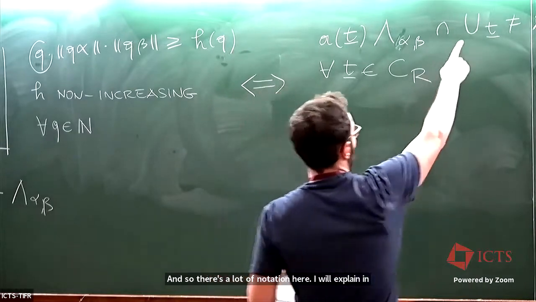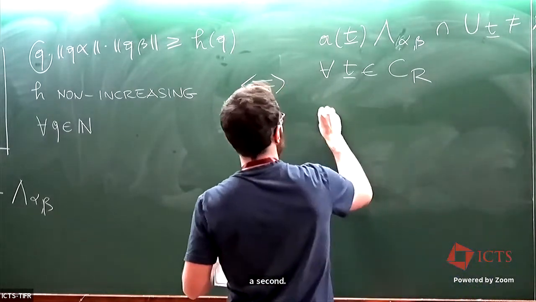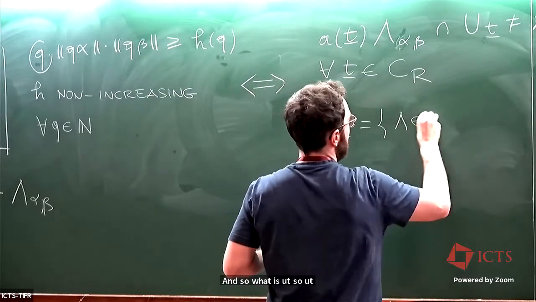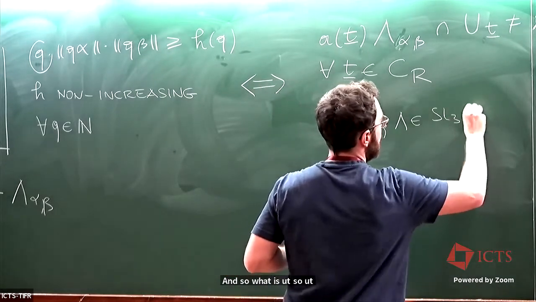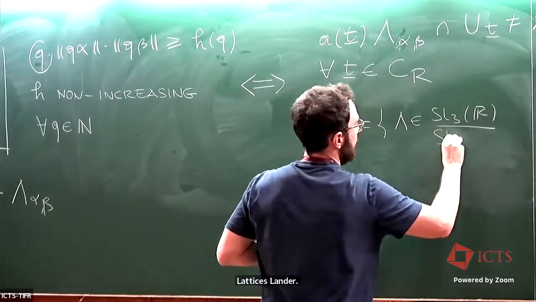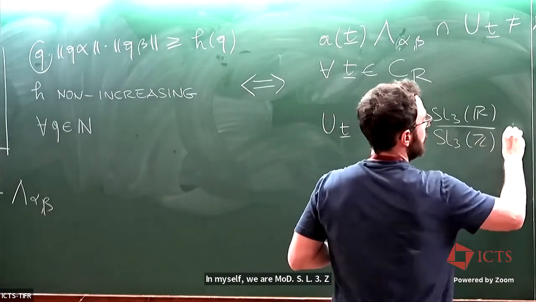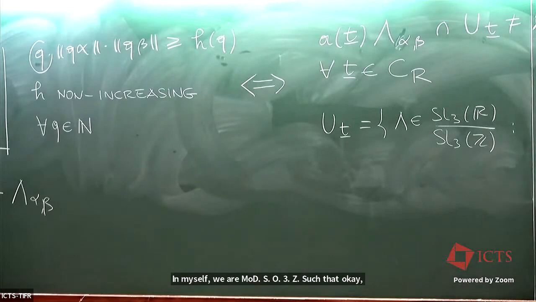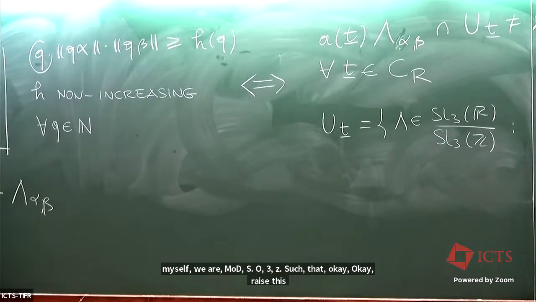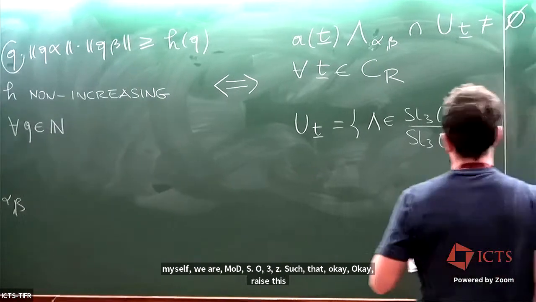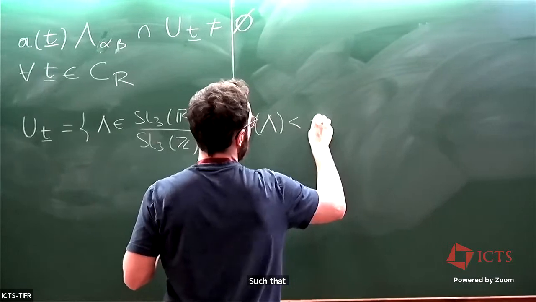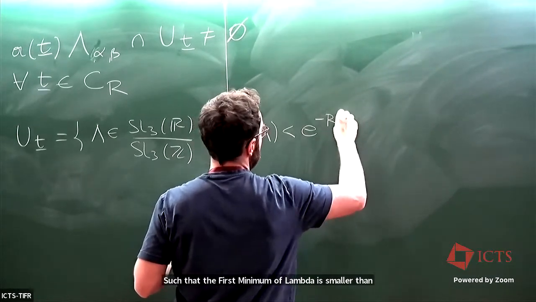And so what is U_T? So U_T is essentially the set of lattices lambda in SL3R mod SL3Z such that the first minimum of lambda is smaller than e to the minus RT.